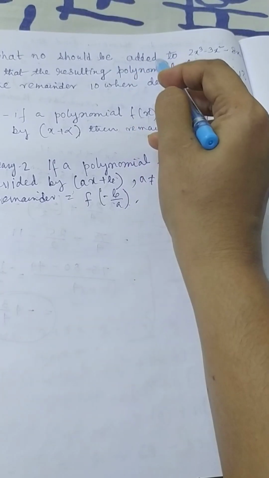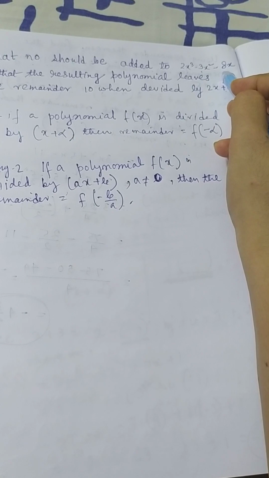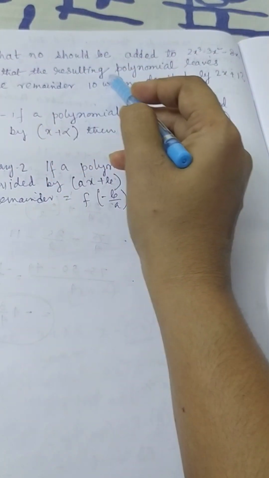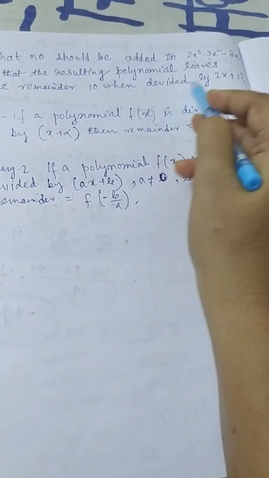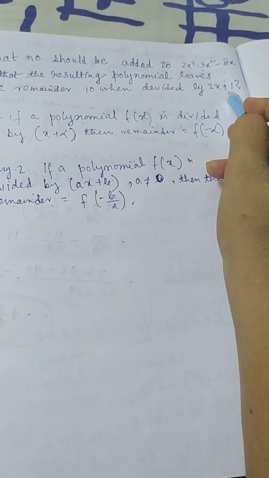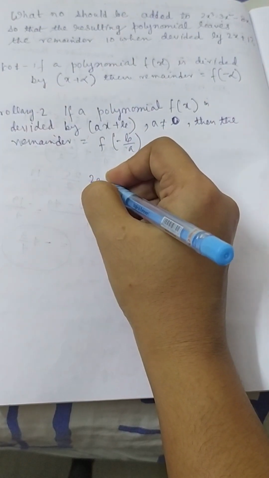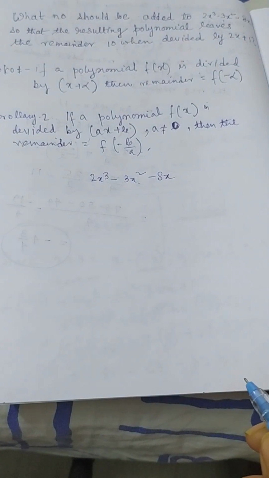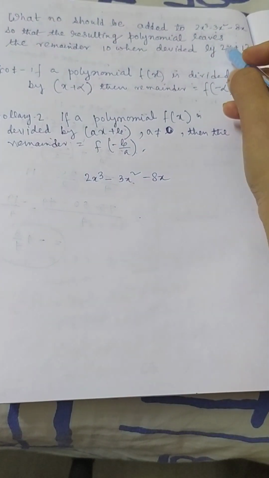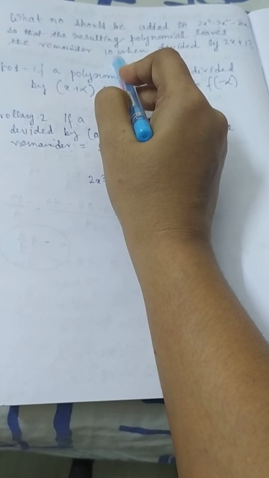What number should be added to 2x cube minus 3x square minus 8x so that the resulting polynomial leaves the remainder 10 when it is divided by 2x plus 1? That means this 2x cube minus 3x square minus 8x is a polynomial, right? And when divided by 2x plus 1 it leaves a remainder of 10.